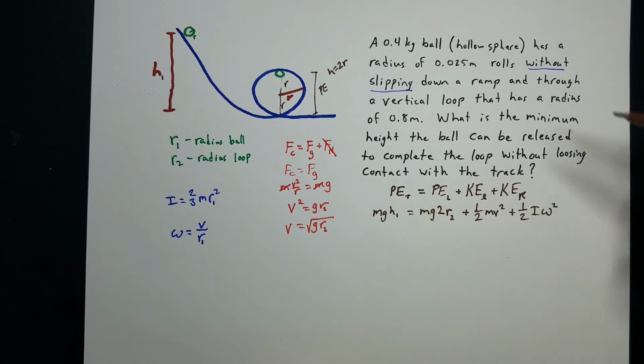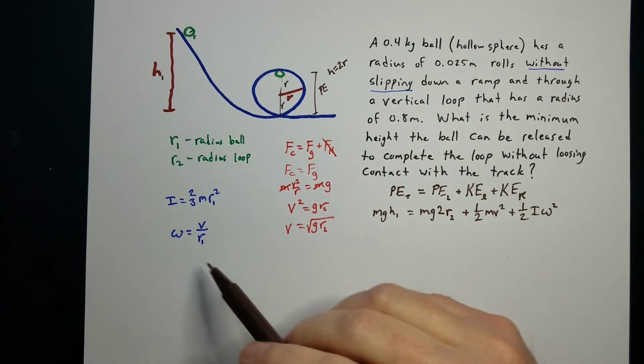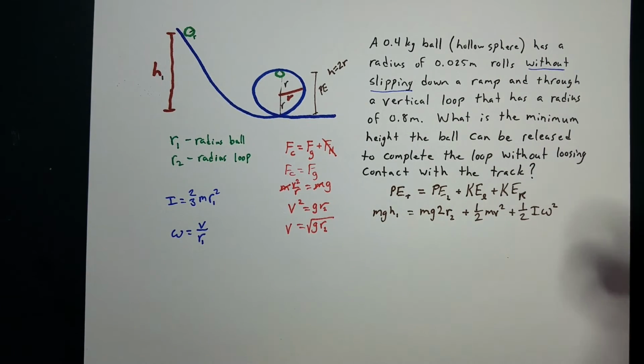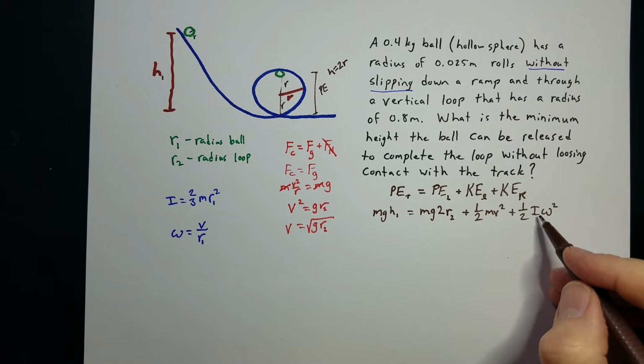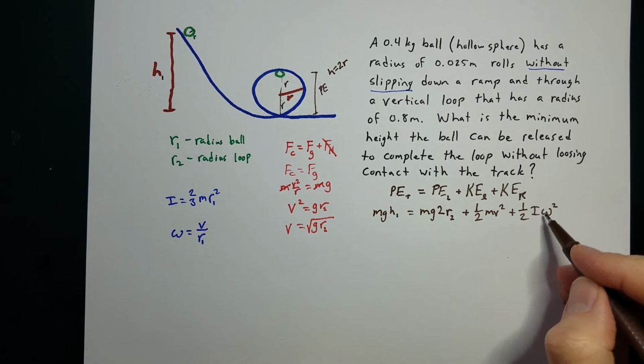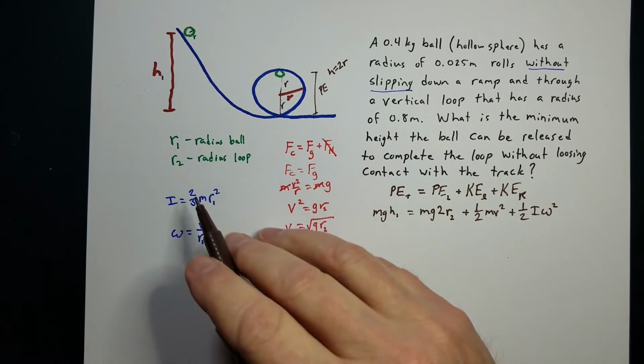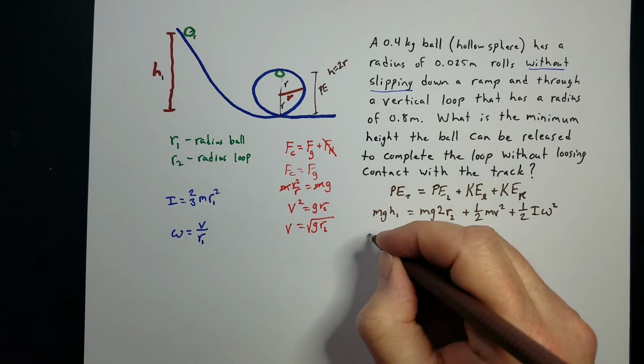We could probably start finding these numbers and dropping them in, but I'm going to solve this algebraically to see if I can clean up this mess. Let's first take care of the I omega squared term, because we can substitute these in.